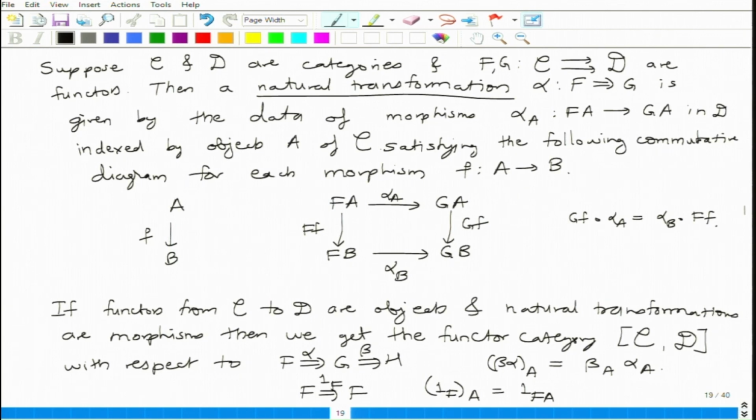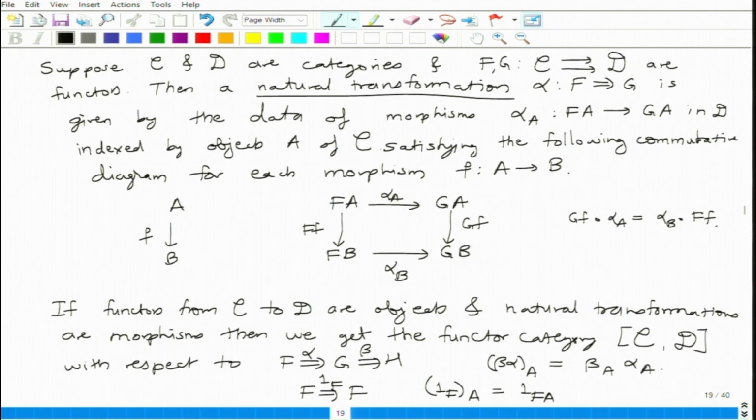What do I mean by A component? When you are talking about a natural transformation, you are asking for the data. The A component, as in the data, is given by alpha sub A for each A. So if you just tell me what is the A component of beta alpha, A is an arbitrary object, so I will know what to do.